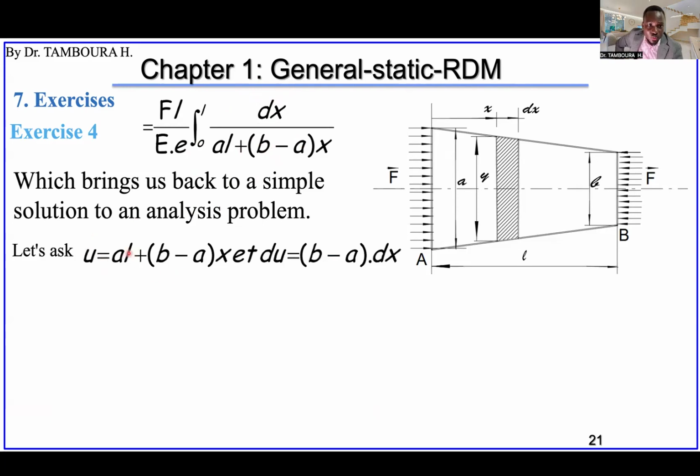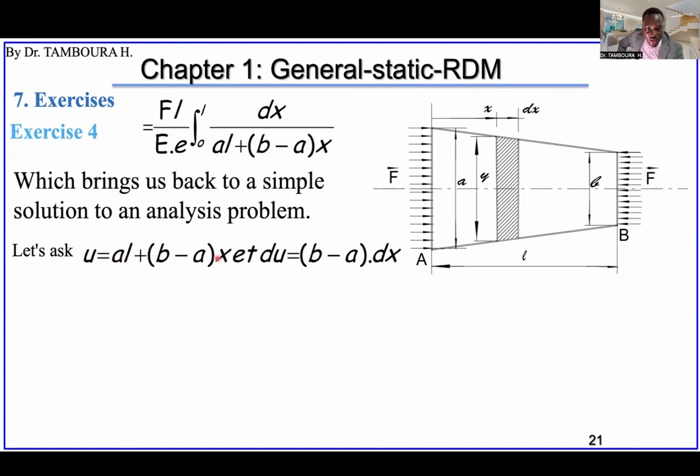Okay, so we make a change of variable. We will consider all this as u. Okay, u here. So if we do that and derive u, du will be, if this is constant, if you derive it, it will be 0.